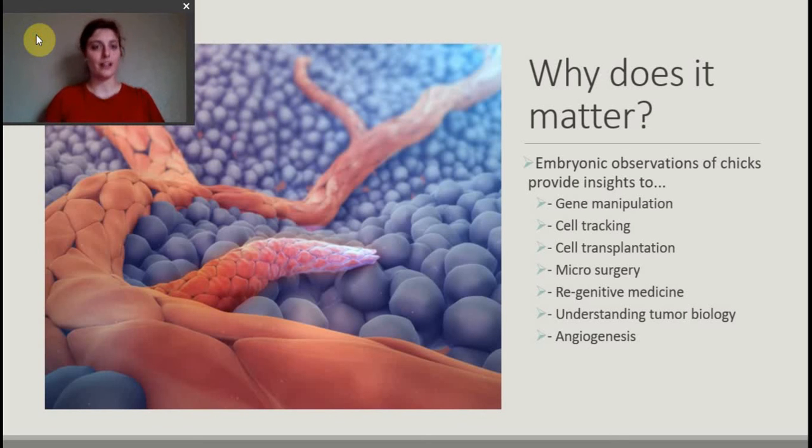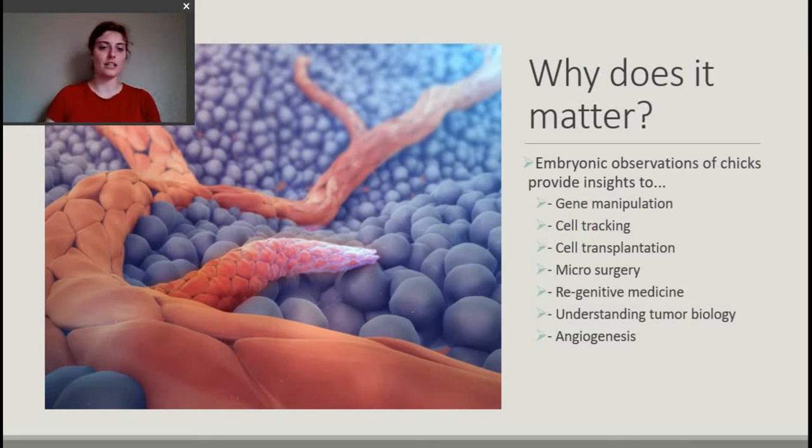Why does it matter? Why are we interested at all in ex-ovo culturing systems? The reason that I'm studying this is that the embryonic development of chicks actually provides insight to a plethora of topics in science. The most interesting ones for me are gene manipulation.